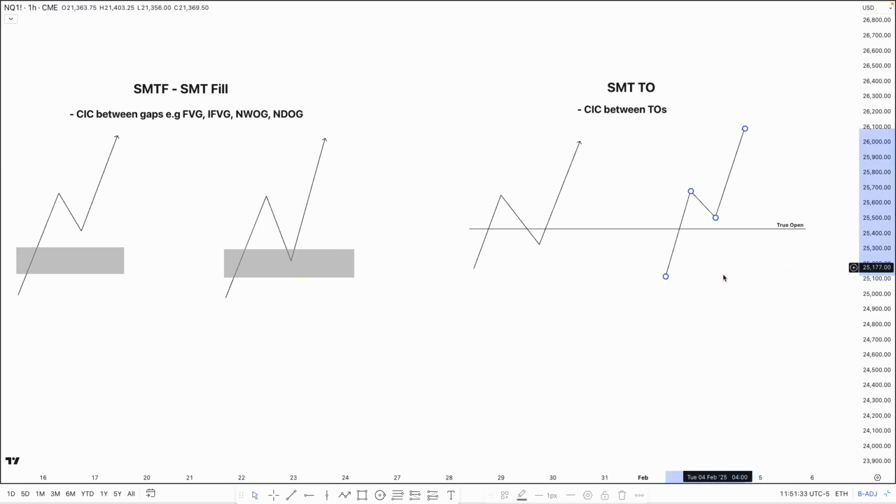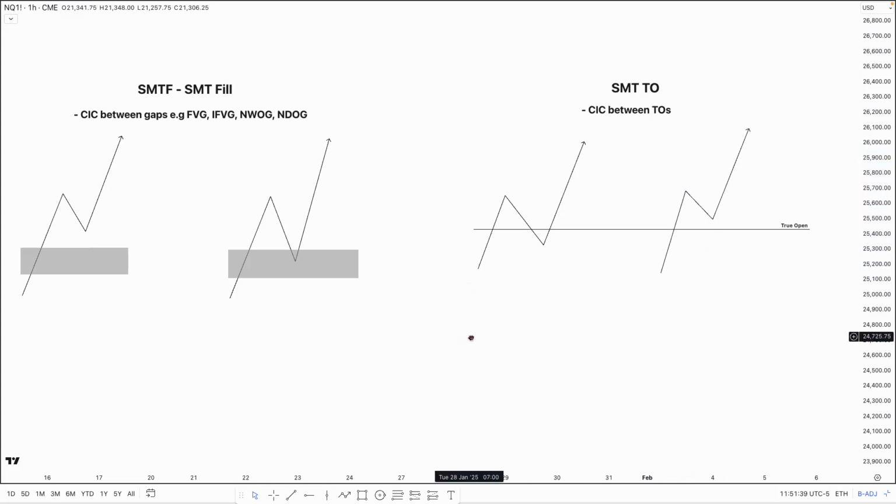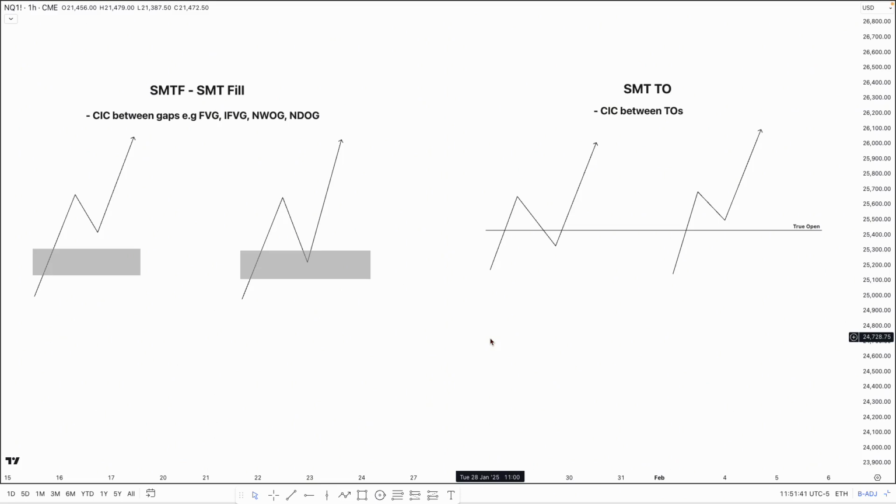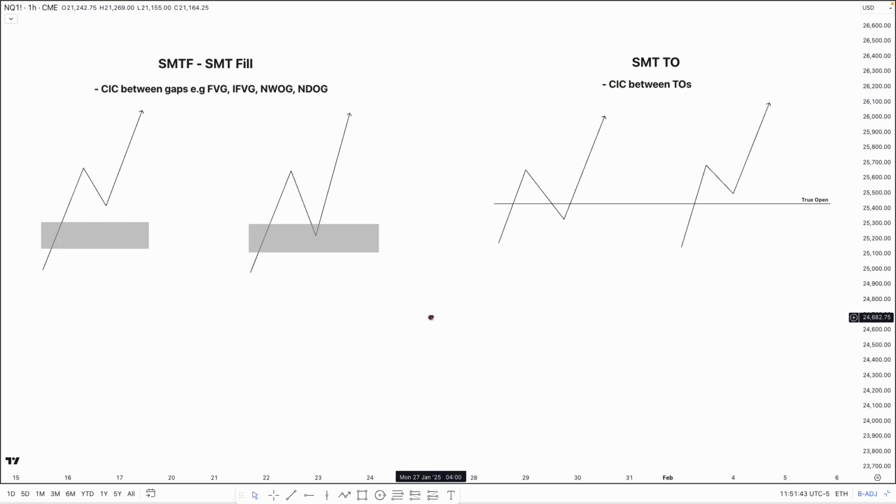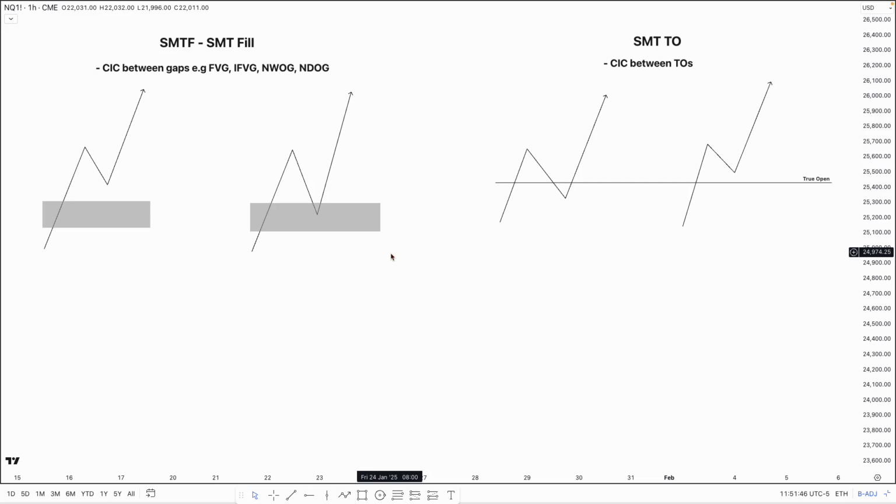This here is also a cracking correlation. And as I said, this will most likely be the true week open that we'll be paying attention to. Hopefully that makes sense. The third type will be SMT between premium and discount.